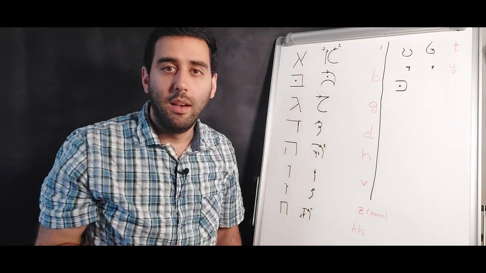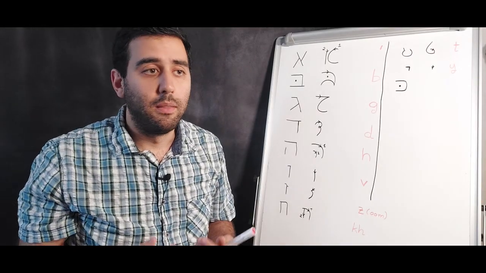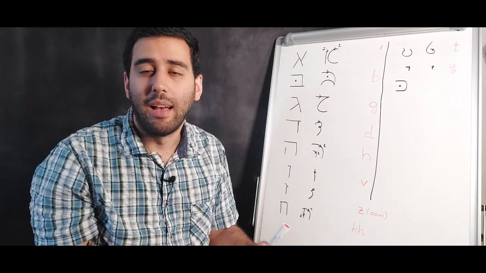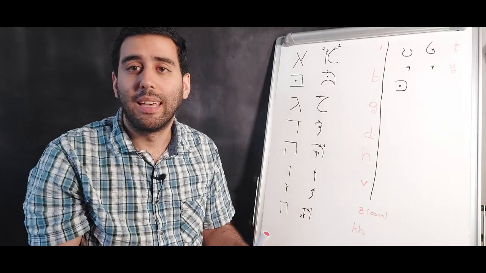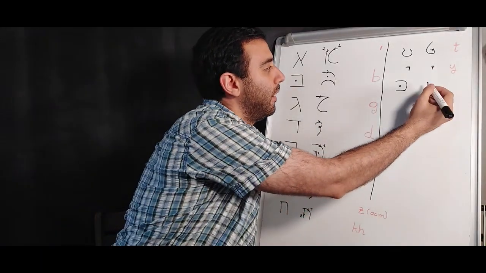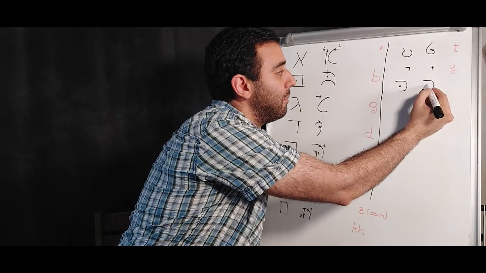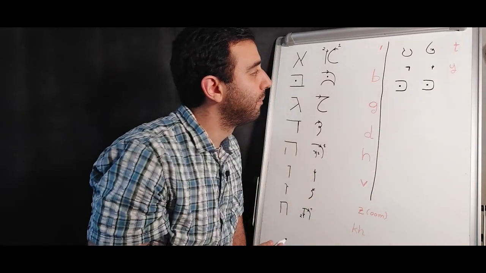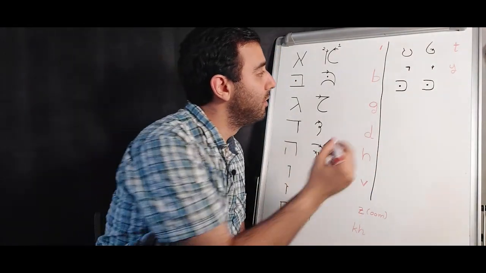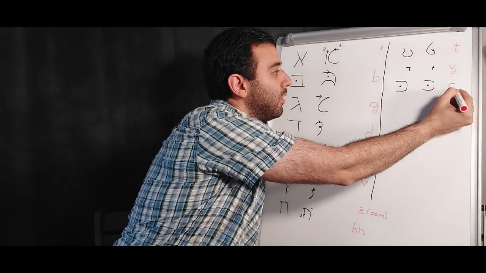This is how it looks, and it's pronounced like K, okay? Like a C. Okay, the can, the K. This is the letter Kaf. And in written form, it's pretty much the same. And I'll use the C to represent it in the English language.